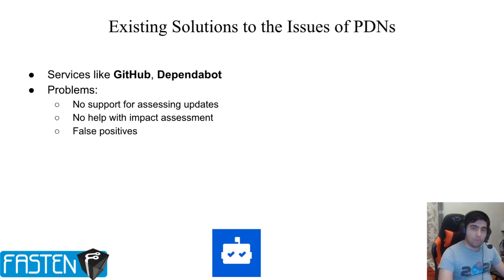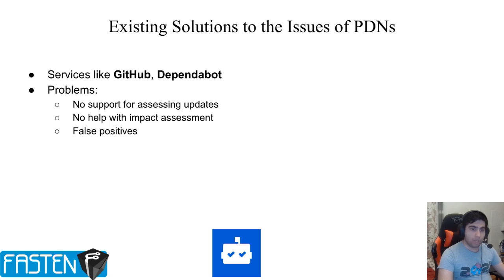There are existing solutions to the PDN issues that I described before. We have services like Dependabot by GitHub, and other services by other companies. These services, to the best of our knowledge, have several problems. For example, there is no support or only limited support for assessing updates, meaning: is it safe to update a package, or is it safe, for example, to update to a particular version?